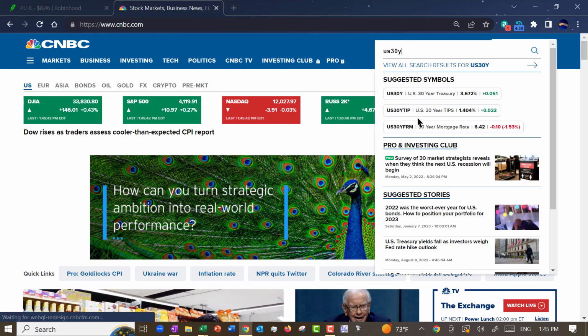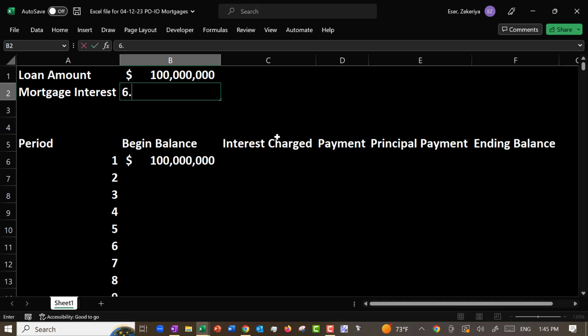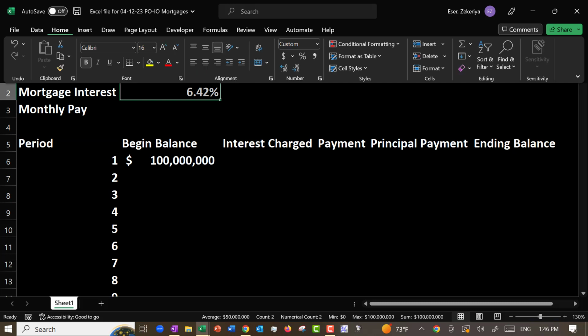Currently 30-year mortgages are about 6.42. This is for good credit mortgages. These are my inputs. You know what color they're going to be.